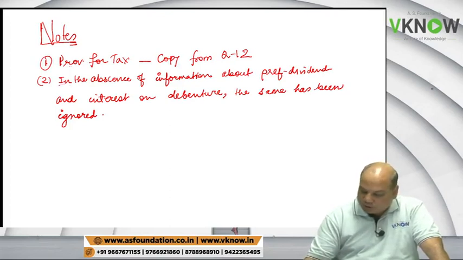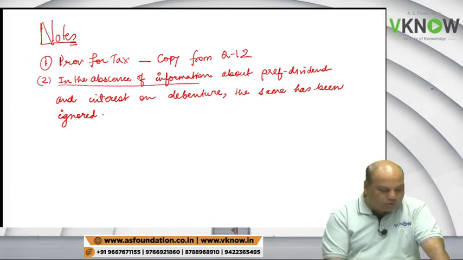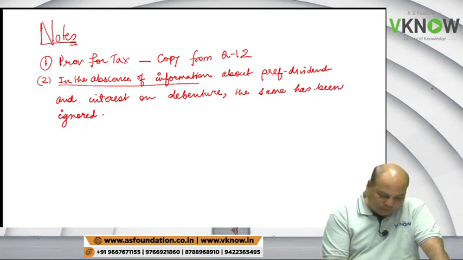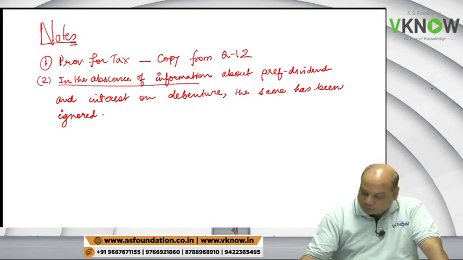I have written a note here because we don't know the actual date of redemption. We don't have full information about preference share and debenture. Depending on the date of redemption, the interest or dividend will be calculated.